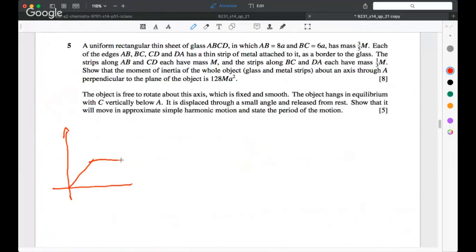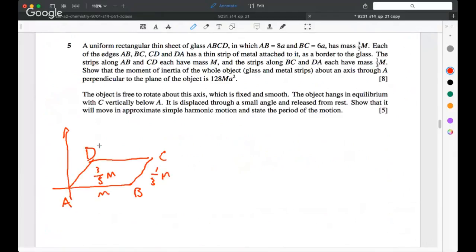So I have a metal object. So I have A, and then we know that AB is 8A and BC is 6A. And we know that the mass of the glass is 3/5 m, and the shorter sides of the steel edges would have 1/3 m, and the longer side will have m.